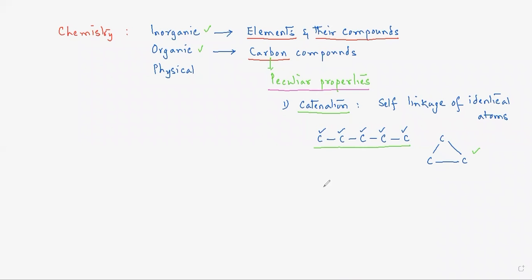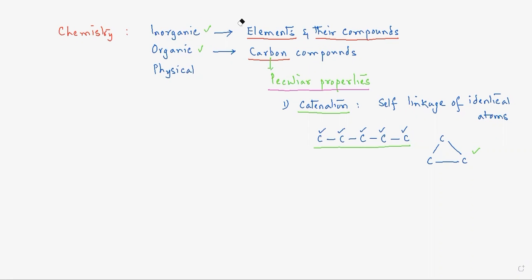If suppose there is a bond between, say, atoms of X, but this bond is not that stable, I mean, if the bond energy of this bond is not that high, then it is very easy to break the bond. If a particular bond can be broken readily or easily, such bonds can never be formed in larger number.